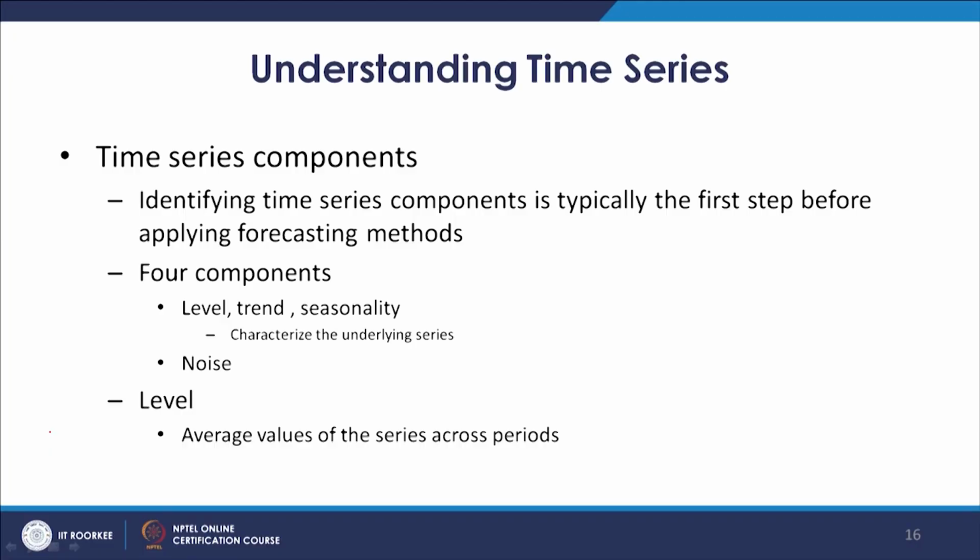The first 3 are the structural components: level, trend and seasonality. The other one is the noise. Let us discuss these components one by one. What do we mean by level? Level is the average value of the series across periods.